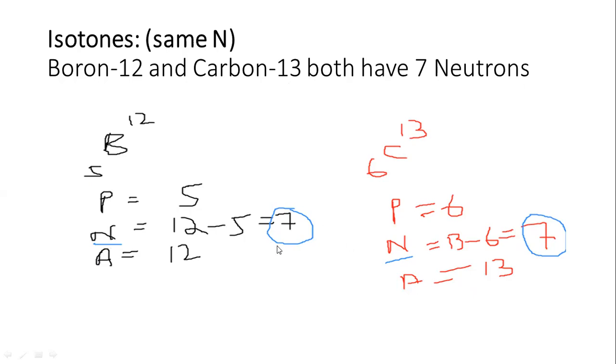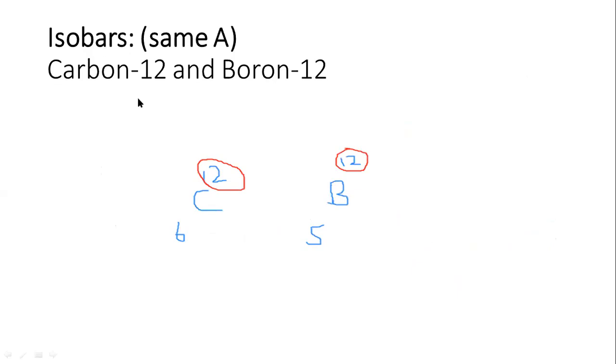And if you want to expand this definition, you can also say the same number of neutrons, but different number of protons and different mass number. These are called isotones. So it is very easy to remember if you just have in mind the sound of these terms, isotones, same number of neutrons.